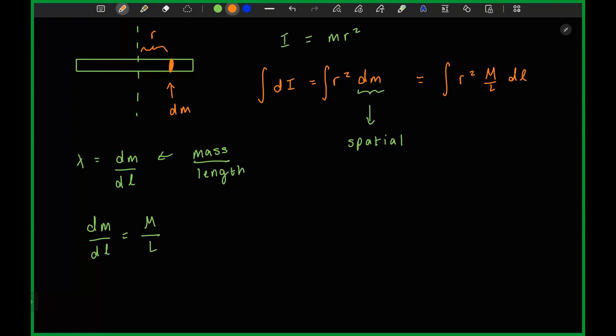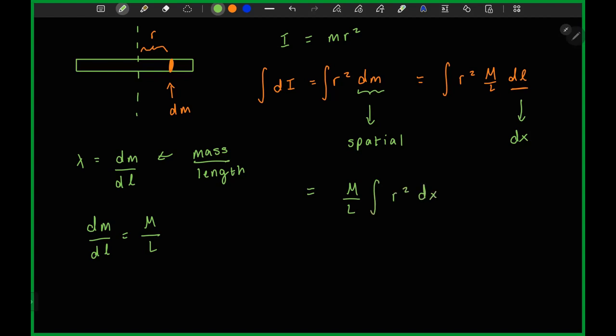It's not yet exactly clear what I've accomplished, right? But remember, dl is a general coordinate representing the length of our rod. In this case, our rod is located along the x-axis. And so I'm going to say that dl is equal to dx. And so my integral is now, pulling out constants, since m over L is constant, integral r squared dx.